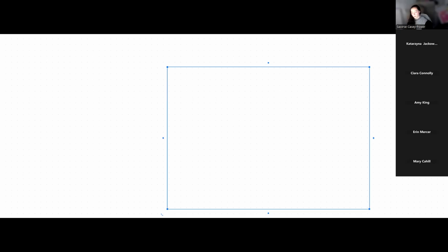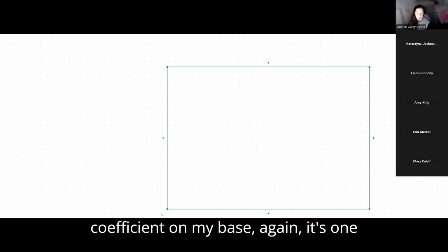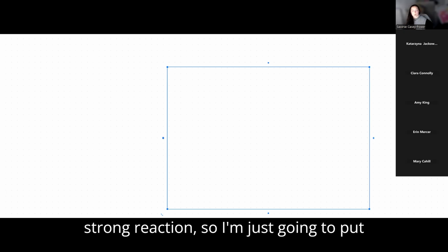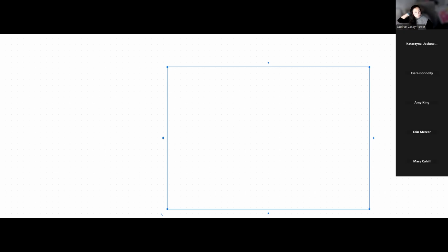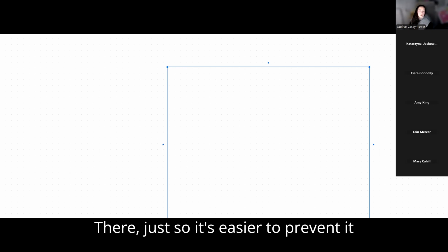And my stoichiometric coefficient on my base, again, it's a 1:1 reaction, so I'm just going to put in 1 there. I'm actually going to put a question mark there just so it's easier to differentiate.